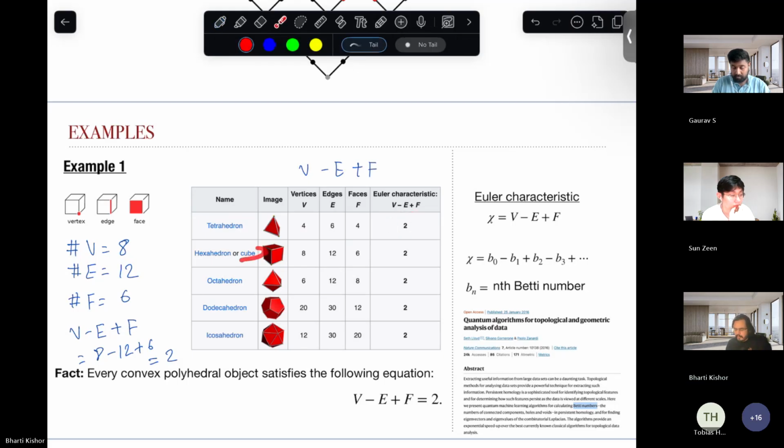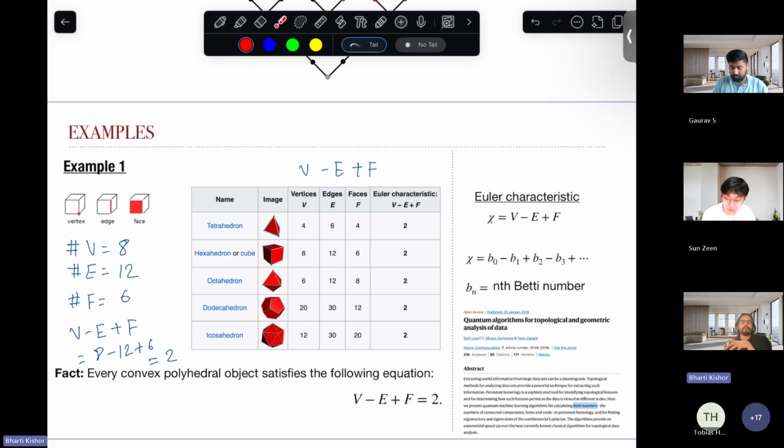Take the cube, or what we call hexahedron, whatever. You do this, you get 2. Octahedron, 2. Dodecahedron, 2. Icosahedron, 2. We are always getting this number 2. So something beautiful is happening here. Actually, every convex polyhedral object satisfies the relation V minus E plus F equal to 2.